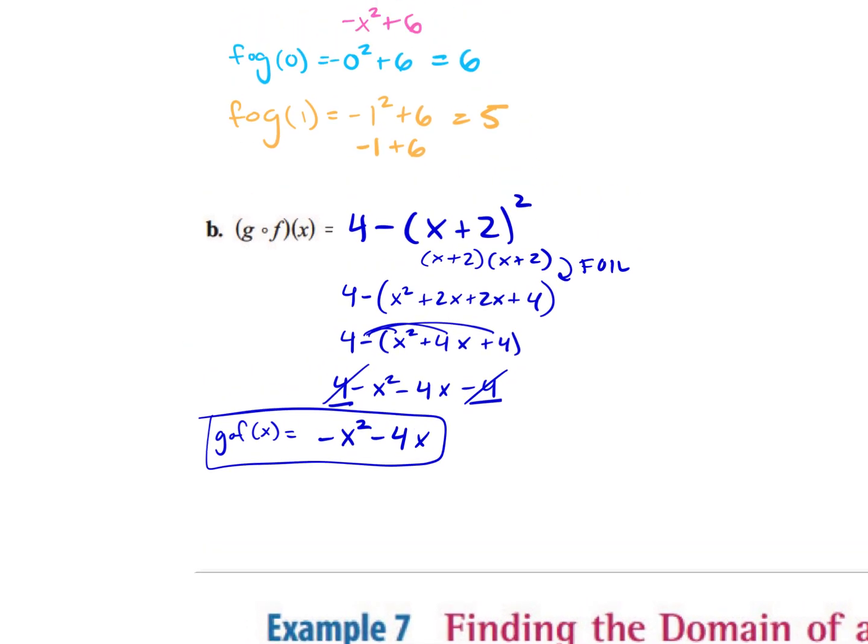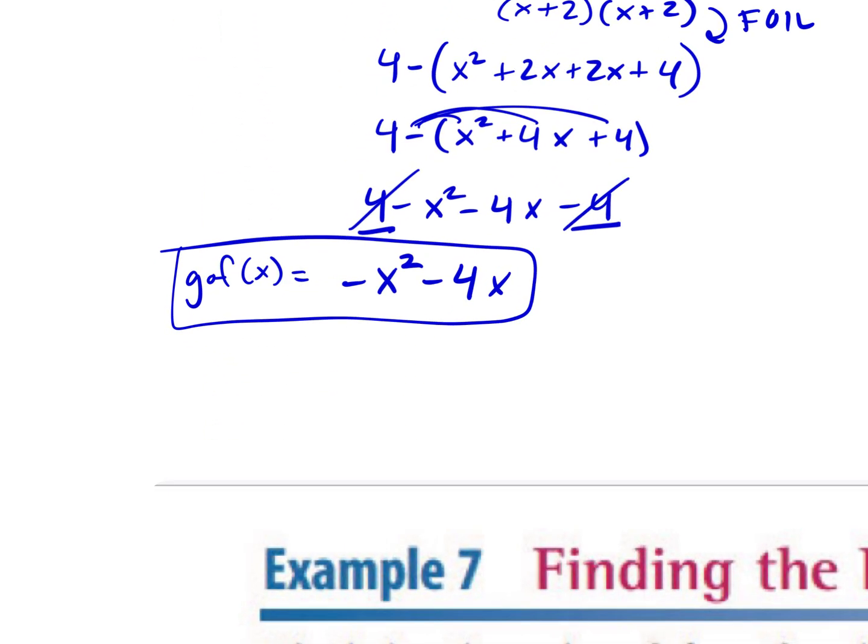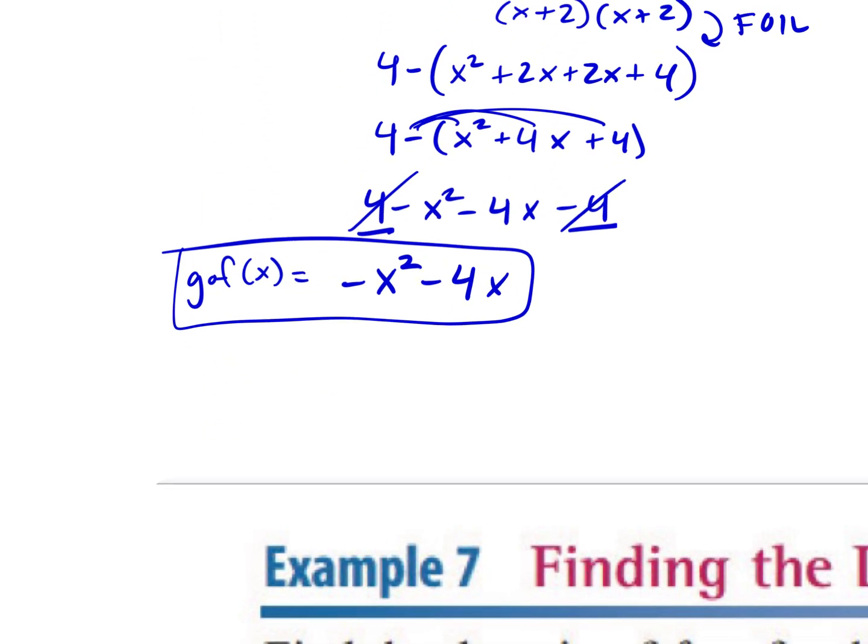Now it also asks us to find g of f of 0. Sorry, f of 0. So g of f of 0. So we're going to plug 0 into that. So negative 0 squared minus 4 times 0 would be 0.